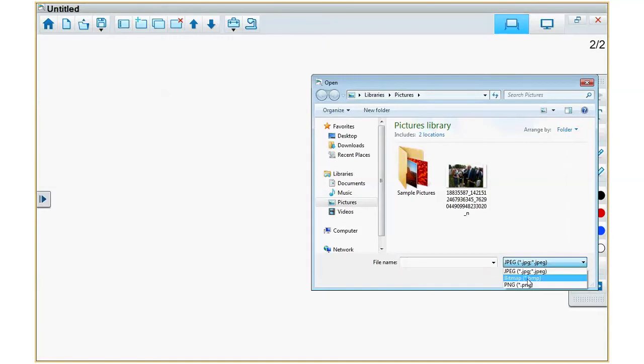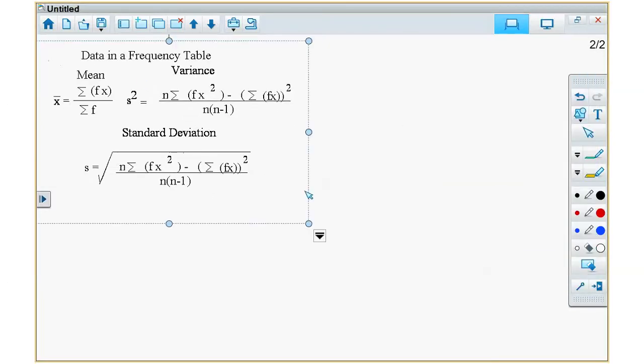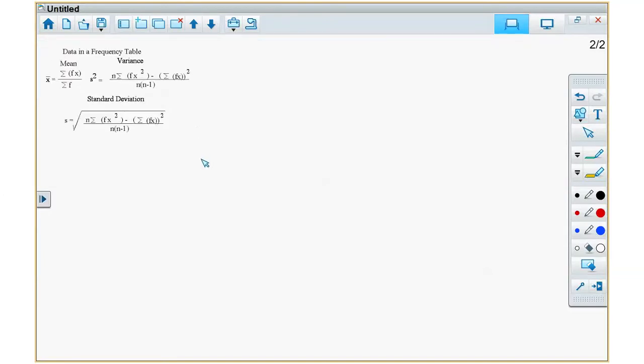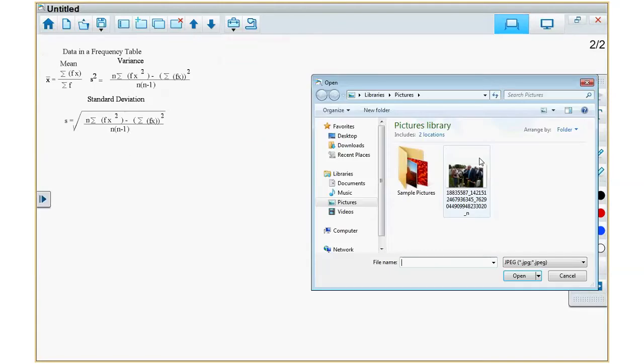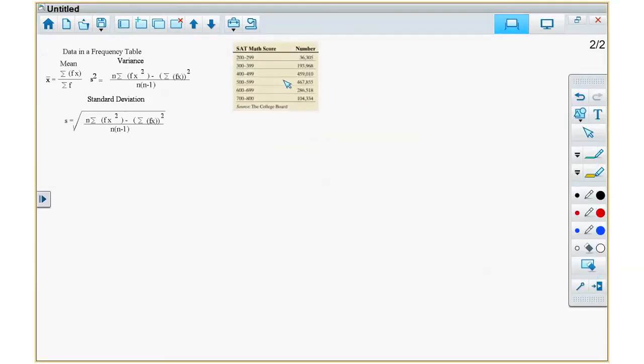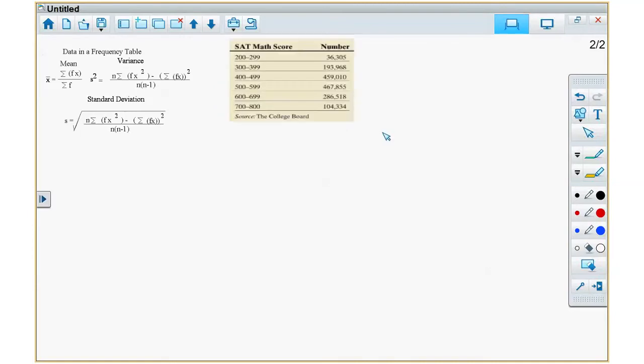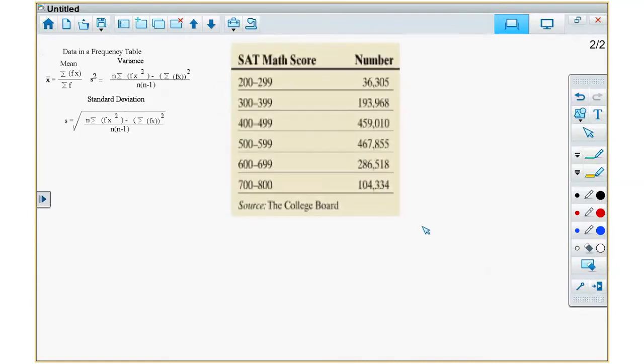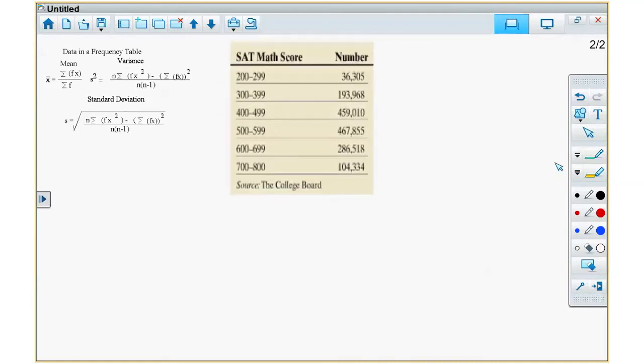Put that over here, make it condensed a little bit, and pull in a problem. Let's start off with something simple. Okay, write that down. This is a frequency distribution.